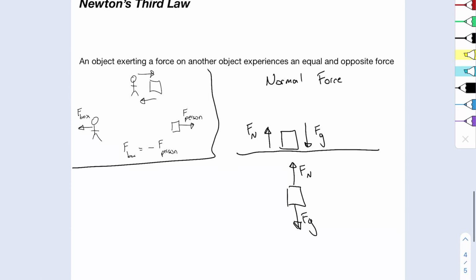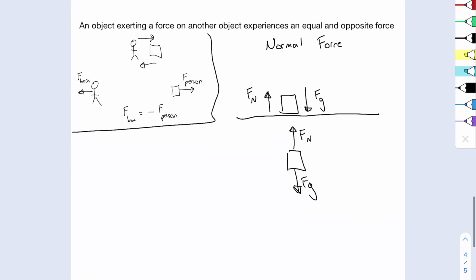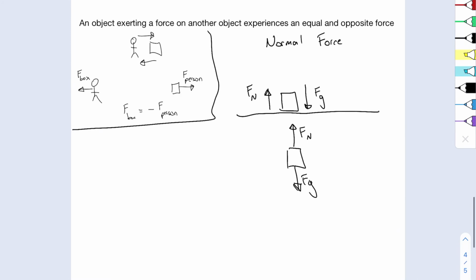And this nature of the normal force being perpendicular is why we call it the normal force, because normal is a synonym for perpendicular. And so if instead of a flat horizontal floor we had an inclined plane, then the normal force would be pointed perpendicular to the inclined plane.